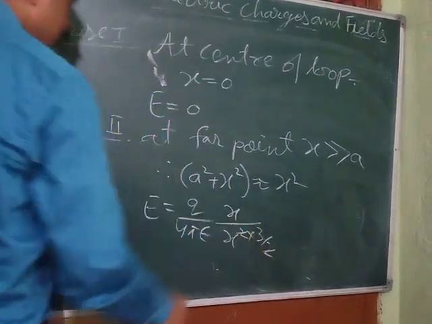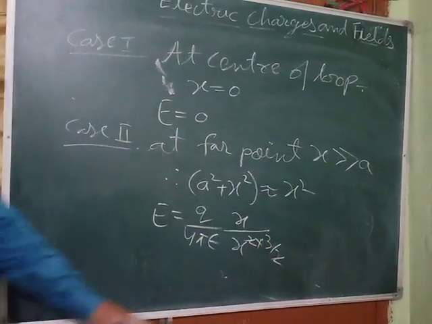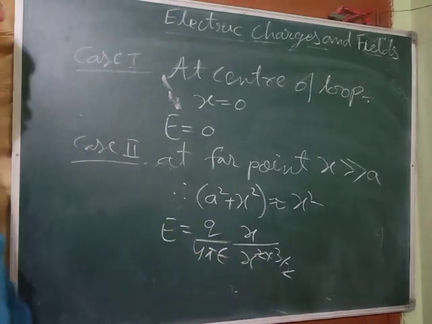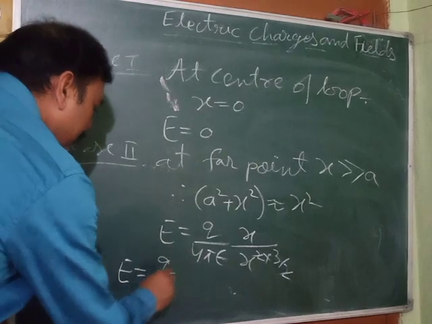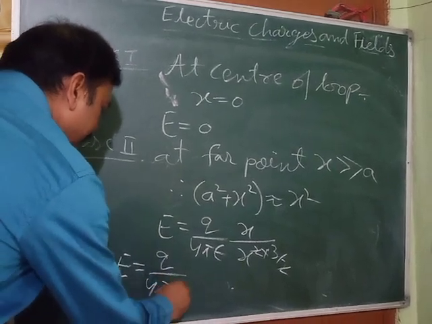This 2 will cancel out. We will have x cube, and from x cube this x will cancel out, so we will get x square.